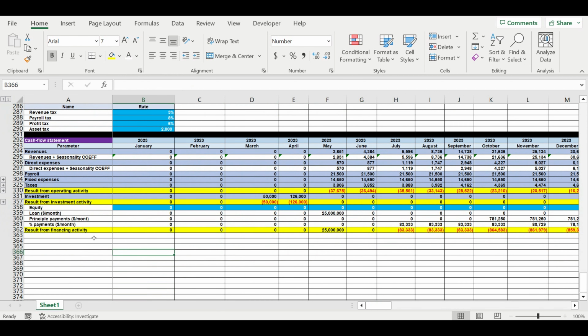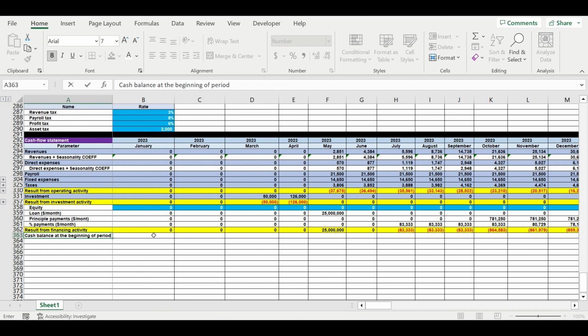Then I will create the line called cash balance at the beginning of period, and here the last line of the cash flow statement will be cash balance at the end.